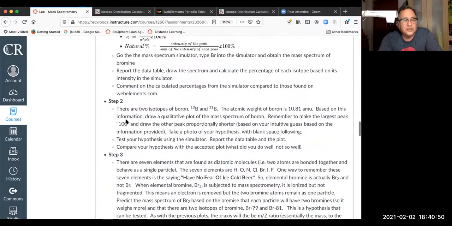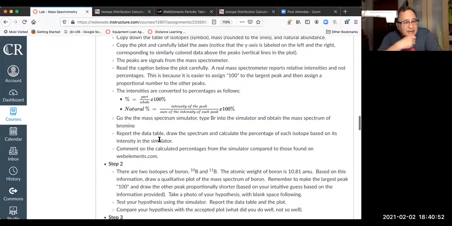We're instructed to report the data table, draw the spectrum, and calculate percentages. So I'm going to go ahead and switch my view so you can see what the table looks like. And then we'll draw the spectrum, and then we'll calculate percentages.